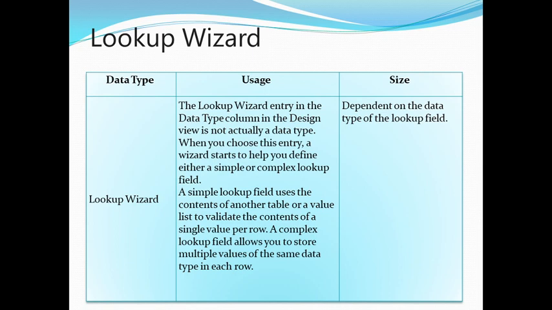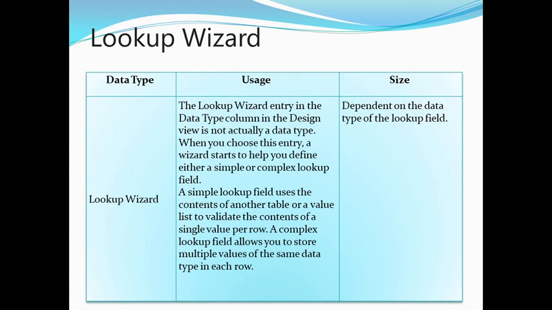For example, if you are creating a student database and one field contains the house of the student, the field heading is house. You know that in our school we have 4 houses. So you can set a lookup wizard with red, blue, green and yellow. So the user has to select either red or blue or yellow or green.